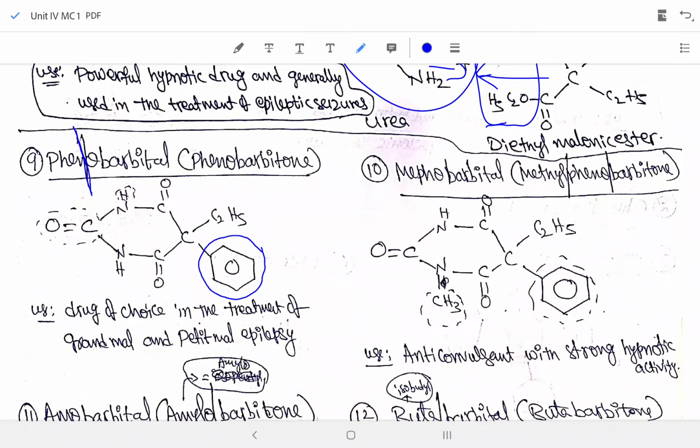You should remember that one of the substituents at the fifth position is a phenyl group. Then comes mephobarbital, which has a methyl group attached to the nitrogen at the third position, and it is an improvement of phenobarbital: phenobarbital with a methyl group attached at N3 is mephobarbital.